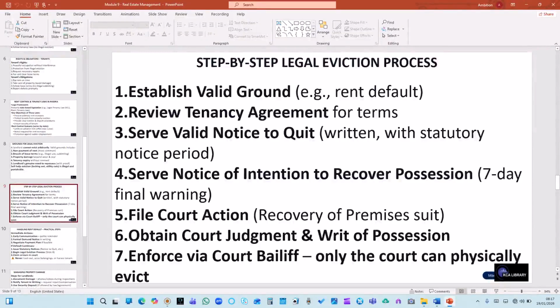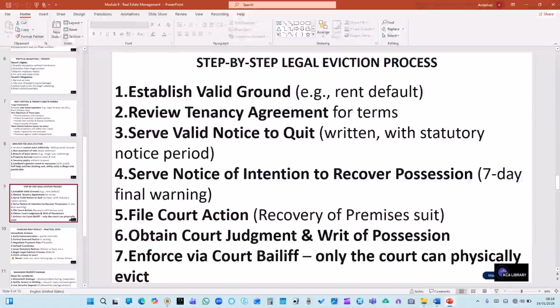Number two, review the tenancy agreement for terms. So the landlord needs to review the tenancy agreement to ensure whether the tenant has deviated from it. Then if the tenant deviates, number three step is to serve a valid quit notice, which must be in written form with a statutory notice period. So the landlord will now serve a quit notice to the tenant.